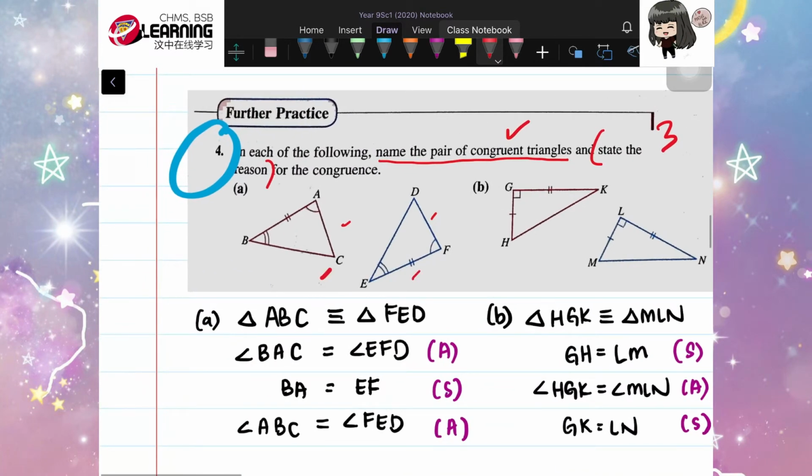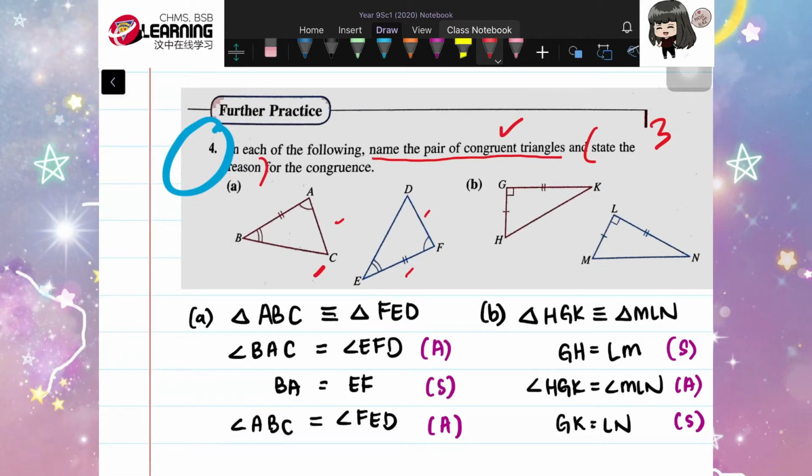Okay, part A, we have this pair of triangles. Of course they are congruent, because they already say them the pair of congruent triangles. So if you start from A, the first one, then the other triangle, your first one will be starting from F. You see this angle here, so it's F, the first one.